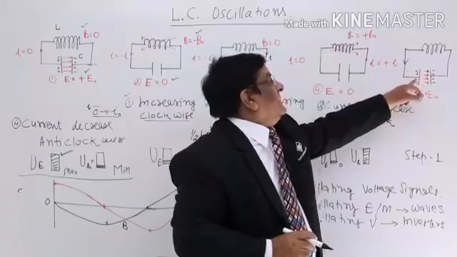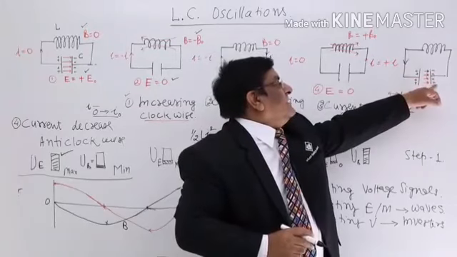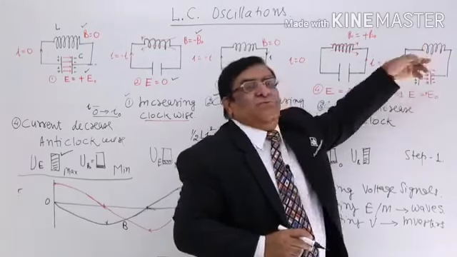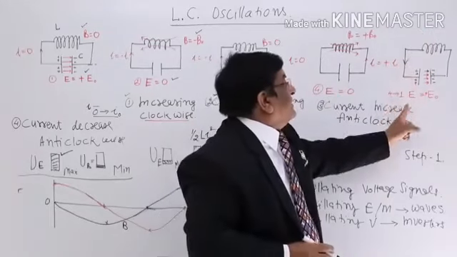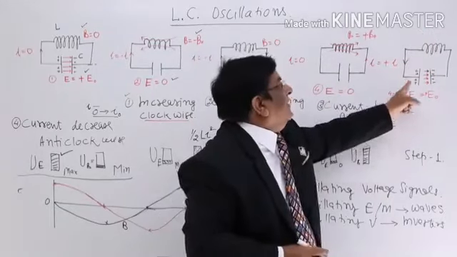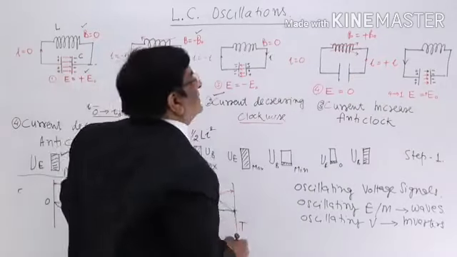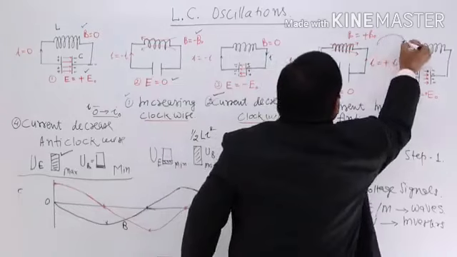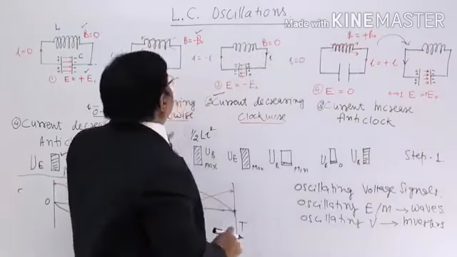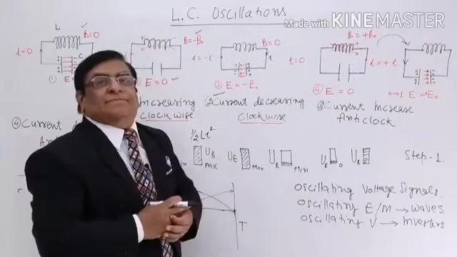And this plate is getting positive charge, this plate is getting negative charge, this is vacated, no magnetic field, and here we get a situation which is situation number 1. See this. So 1, 2, 3, 4 and again back to 1. So these are the 4 stages.